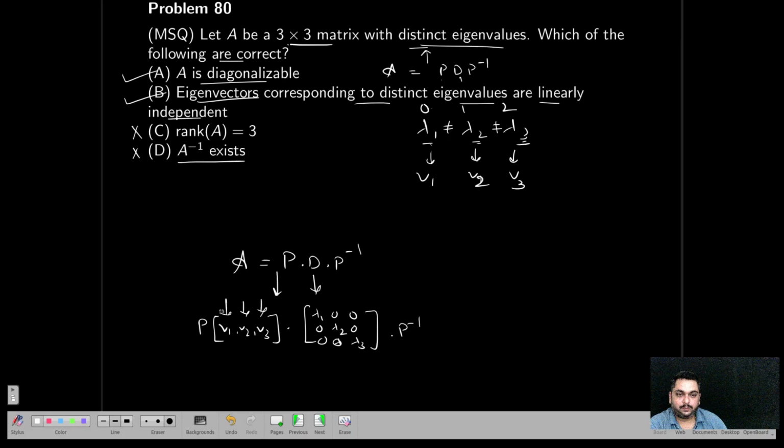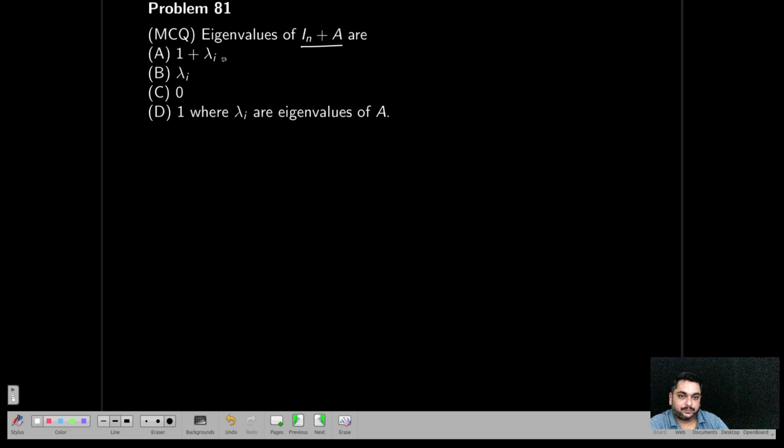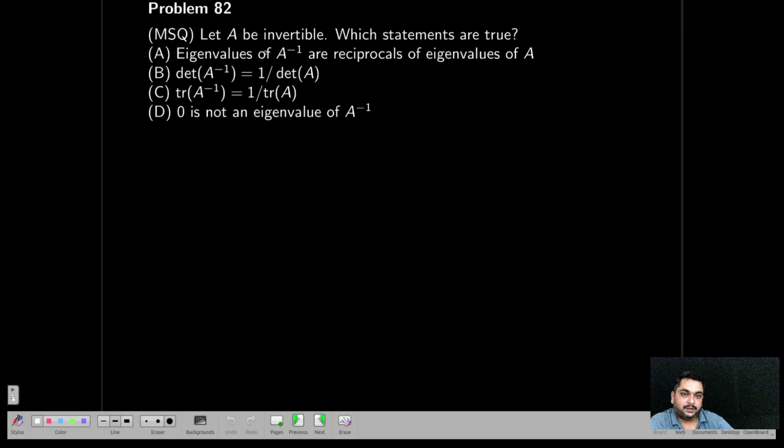Then eigenvalues of I to the power n plus A are, you already know, lambda plus 1. Next, let A be invertible. Which statements are true? Eigenvalues of A inverse are reciprocals of eigenvalues of A because A is invertible. Determinant of A inverse equal to 1 by determinant of A. This is also true, because if the determinant of A is lambda, then 1 by lambda is the determinant of A inverse.